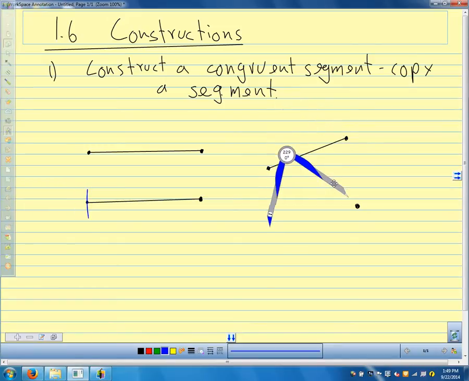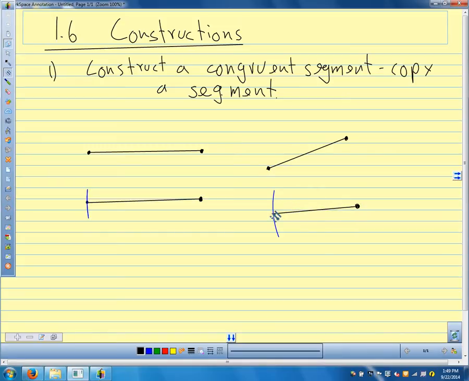Move it down to that point that I drew. Draw an arc. And then using my straight edge, I'm just going to connect the point to anywhere on that arc. And that's my new segment. And the length of this will be the same as the length of that because we kept the compass open the same amount.